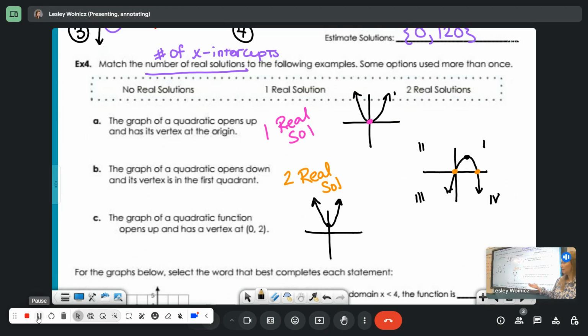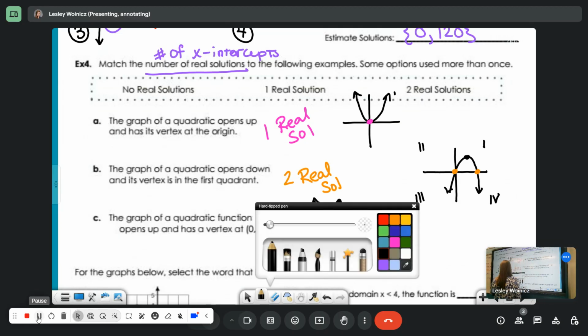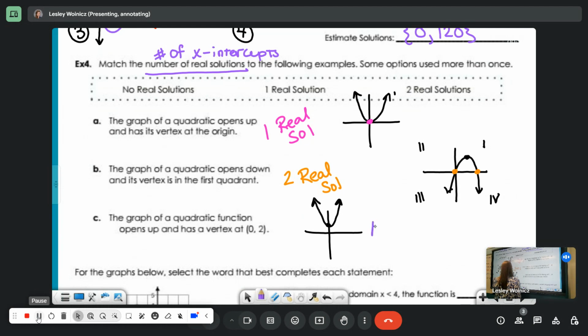No, because its minimum is floating above the x-axis. So this has no real solutions. Okay, everybody see the options? It's either going to hit once, twice, or never.